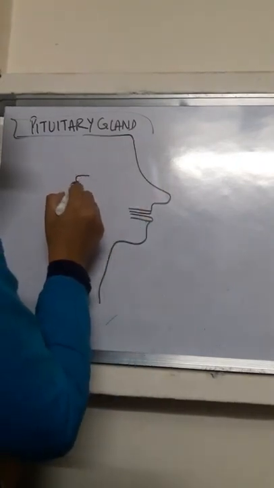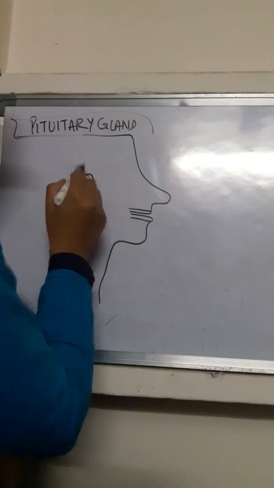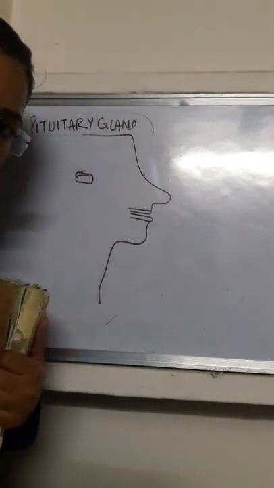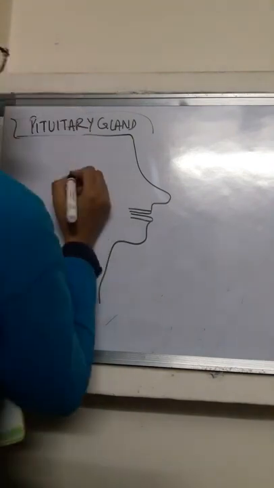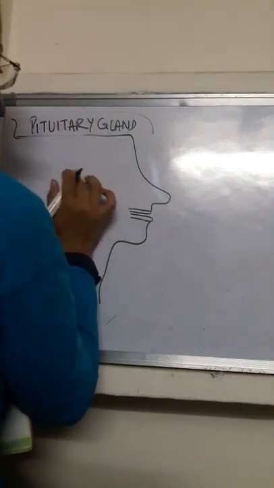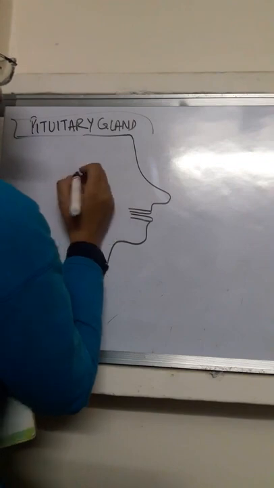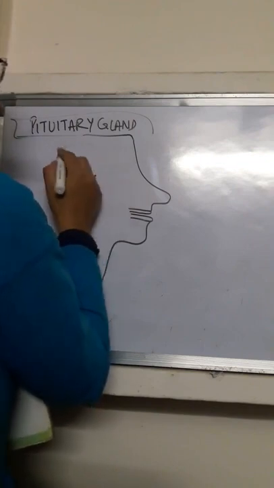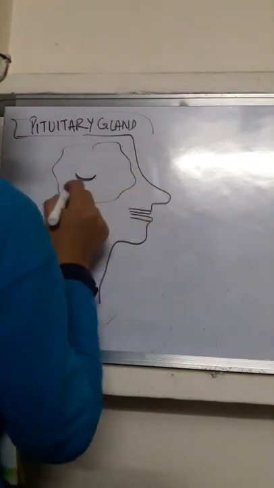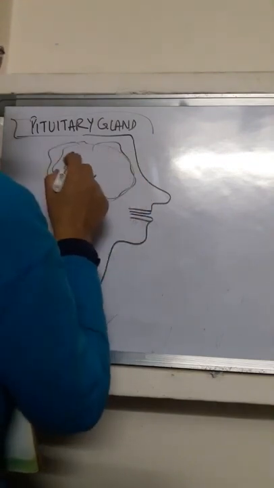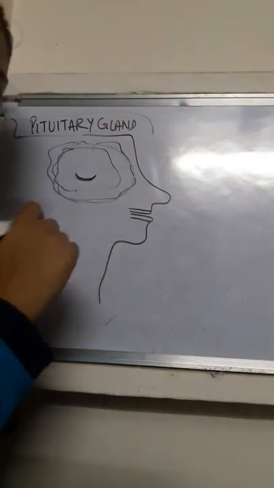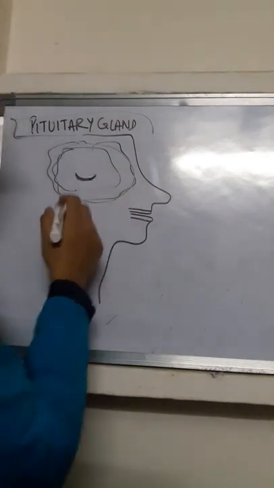Pituitary gland is located somewhere here, means this portion of the brain. There is this space called sella turcica. This is the cranium, the brain box. Inside it our soft brain portion is located, cerebellum.